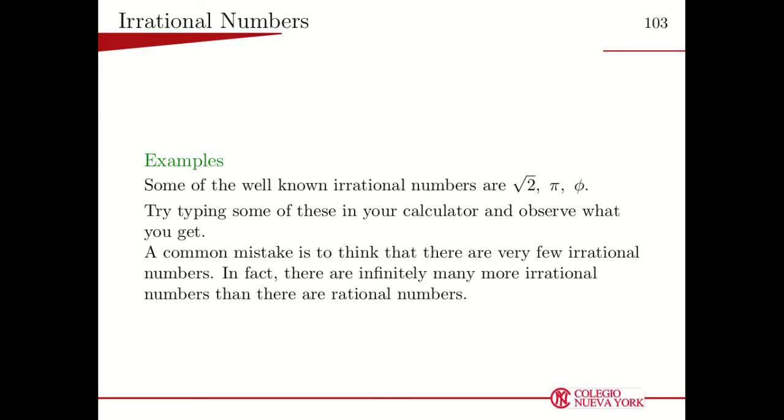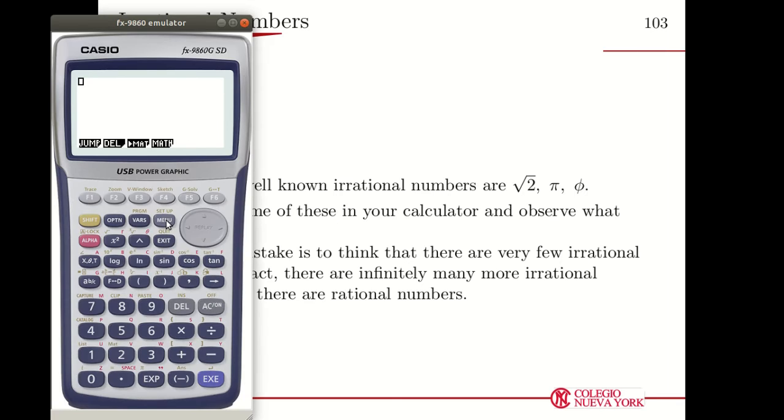Some examples of irrational numbers are the square root of 2, pi, the number phi, the number e, and many more. Let's write some of these in our calculator.